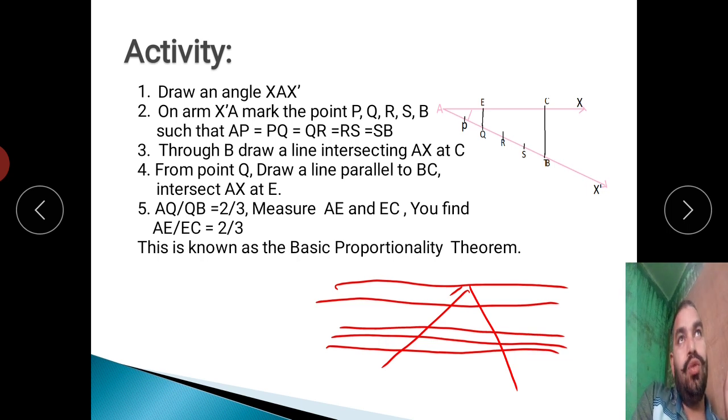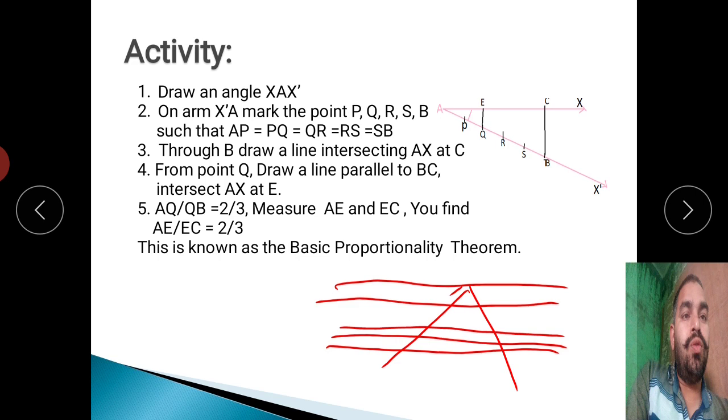Draw this figure on your Hindi notebook, measure the distances and their ratio. You will find both sides' ratios are equal to each other. So the basic proportionality theorem says that when a line is parallel to the third side, then the other two sides are divided in equal ratios.